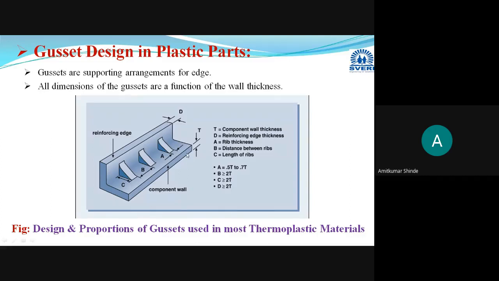Okay, this is the component wall with T thickness, and this is the reinforcing edge. An edge is joined to this wall. Now, if T is the wall thickness, then whichever gusset you are using, its thickness should be 50% to 70% of the wall thickness. While providing the gusset to increase the strength, its thickness, this dimension A, should be 50 to 70% of the wall thickness.